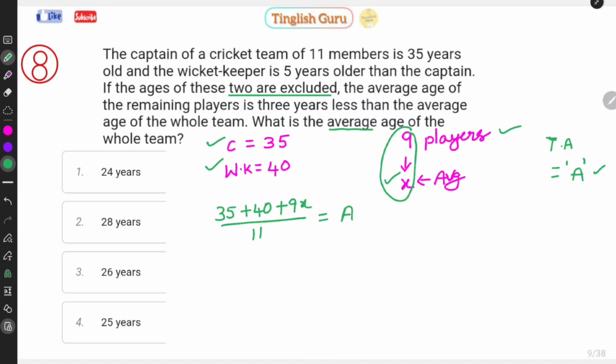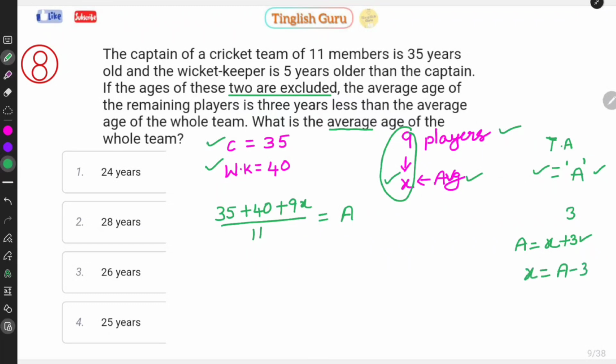But in the question it is given that the average of 9 players is less than the average of total players by 3. That means A is equal to X plus 3, right? Or in other words, X is equal to A minus 3.